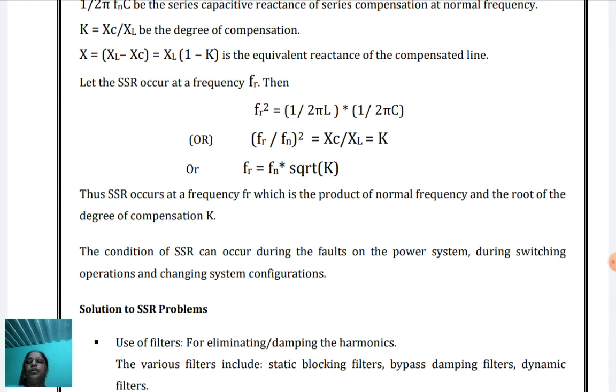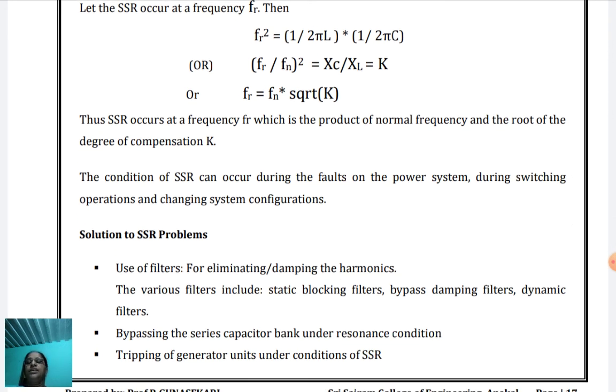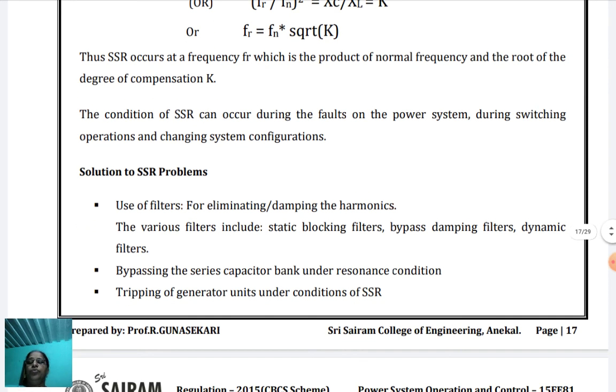Therefore sub-synchronous resonance occurs at a frequency Fr, which is the product of the normal frequency Fn and the square root of the degree of compensation K only. The condition of SSR can occur during a fault on the power system, during switching operations and when changing system configuration only.